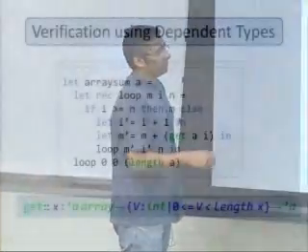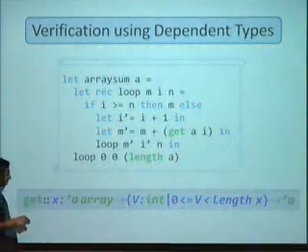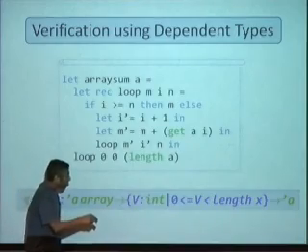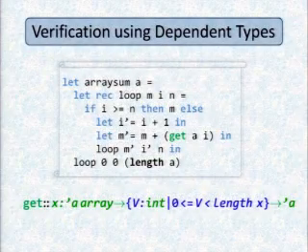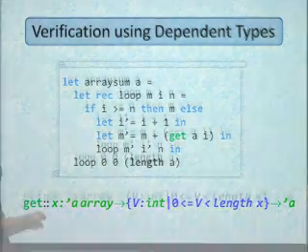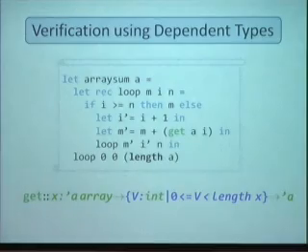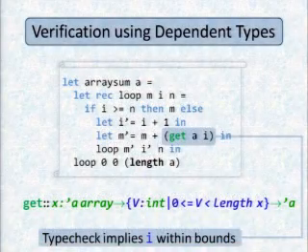Well, again, we'll just give get the appropriate type. The type of get is that it takes some array X, and it takes an index that's greater than 0 and less than the length of X. And it returns whatever is at that index. And once again, if this program type checks, then I is within bounds.